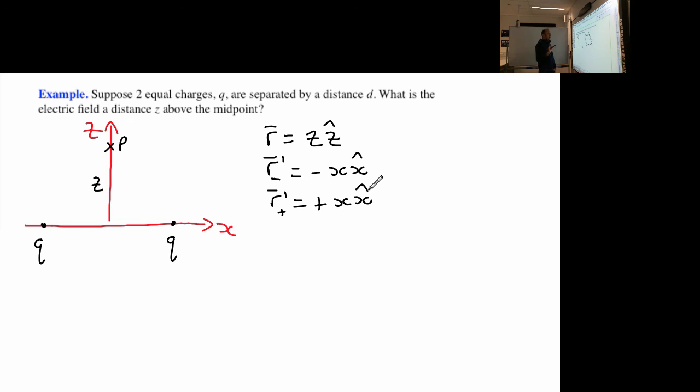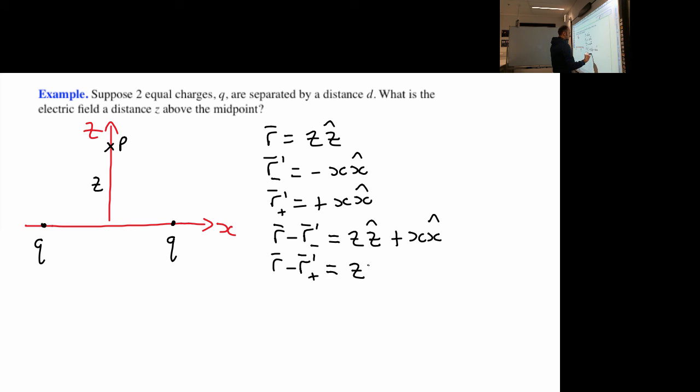Next step, we should write down our separation vector. We'll have two of these. So we have r minus r prime negative, which is equal to z hat plus x hat. And for the other, we have r minus r prime positive, which is equal to z hat minus x hat.